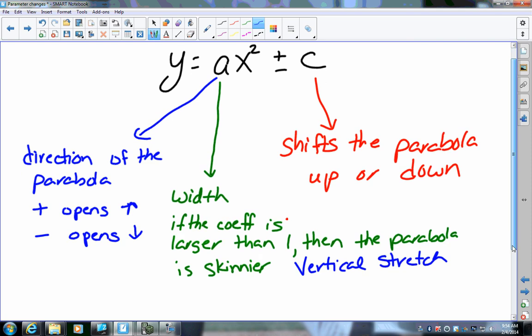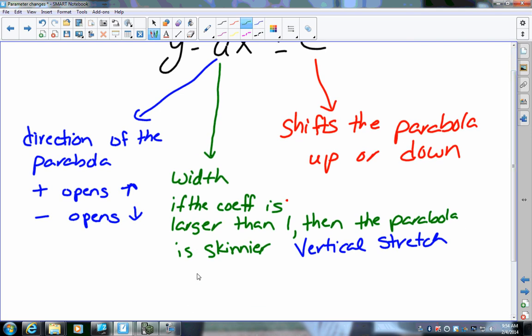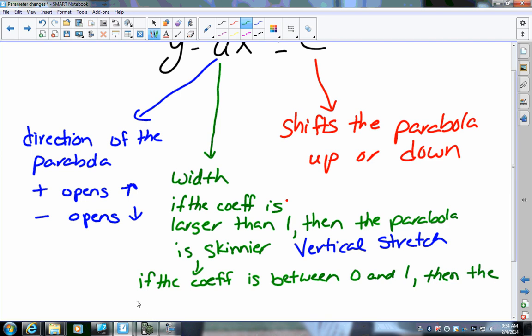If the coefficient is between 0 and 1, so that's a fraction, between 0 and 1, then the parabola is wider, which is called a vertical compression.